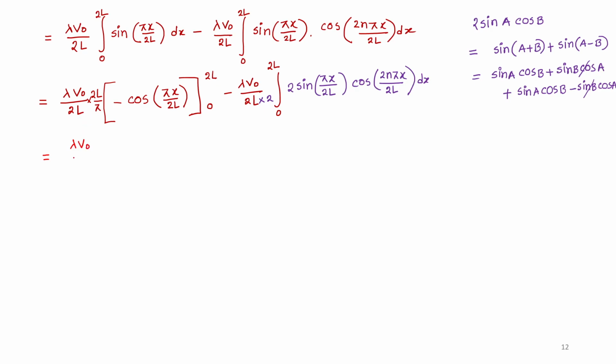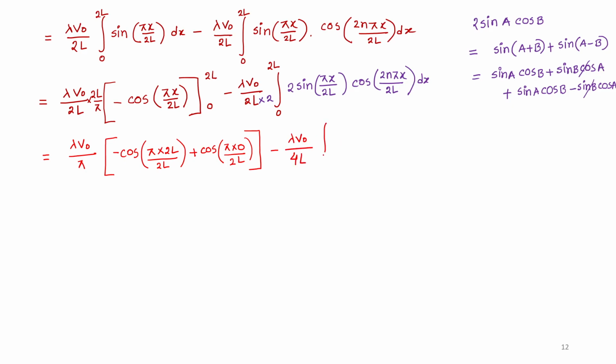First term is lambda v0 by pi minus cos. If I put 2L there, 2L cut. So we have cos. Still I will write because we have to solve the next part, right? Minus minus plus cos(pi into 0 by 2L), and we have lambda v naught by 4L.